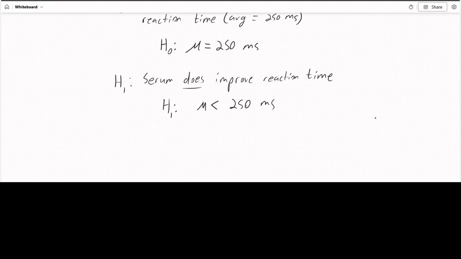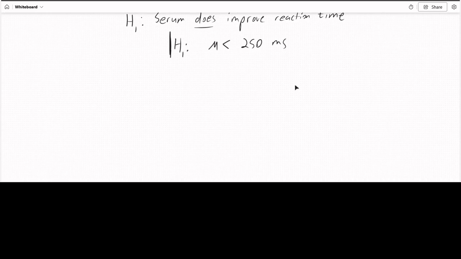Okay, we just want to prove that it's less. We don't know how much less, but it'll be less. Okay, so these two are our hypotheses. Like I said, we'll start out not believing it works until we see so much evidence that we do believe it works.